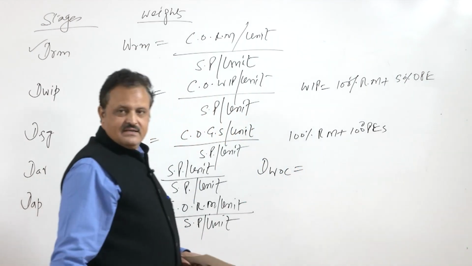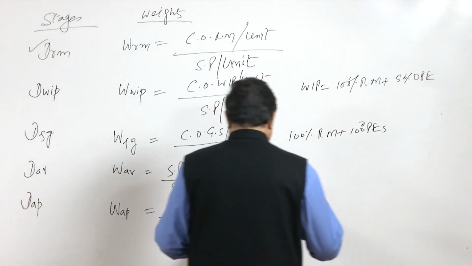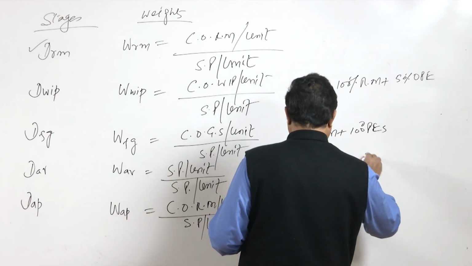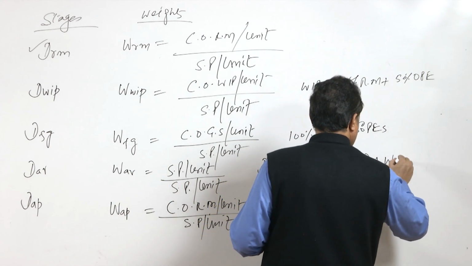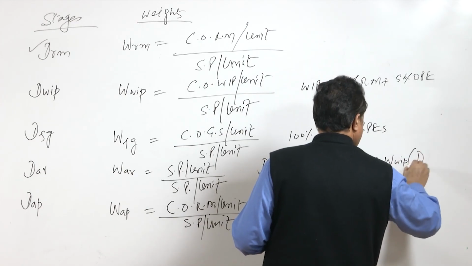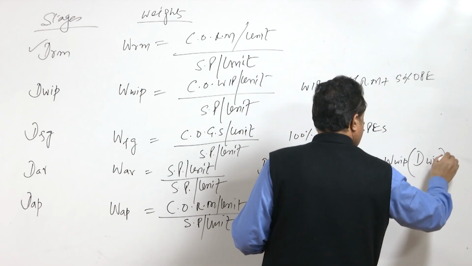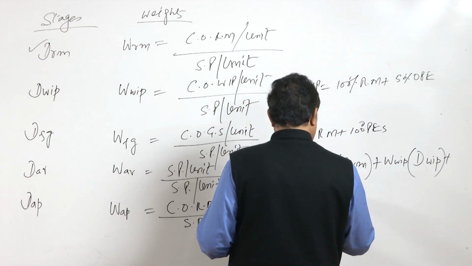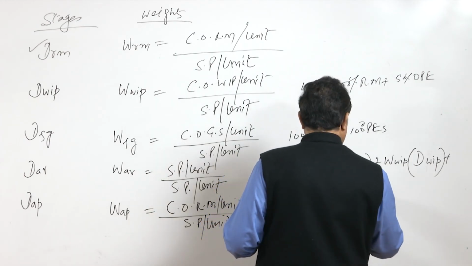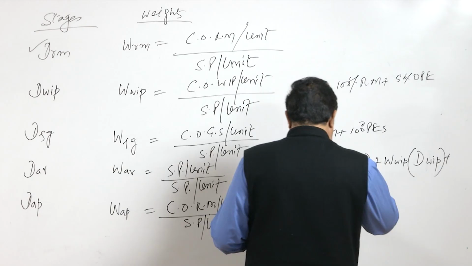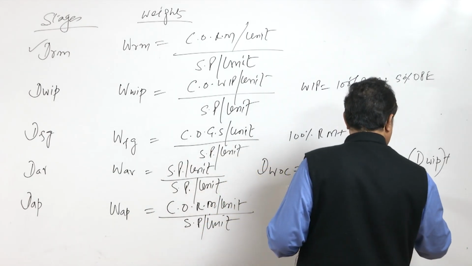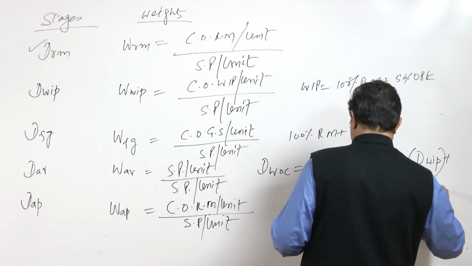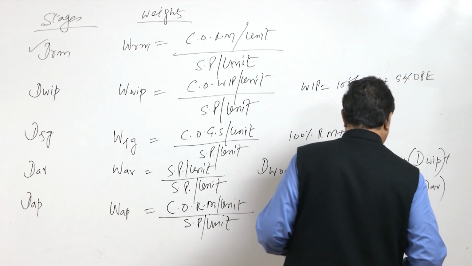The duration of the weighted operating cycle, D, you can calculate with the help of this formula: W RM into D RM plus W WIP into D WIP, plus W FG into D FG, plus W AR into D AR. The weight is multiplied with each duration.